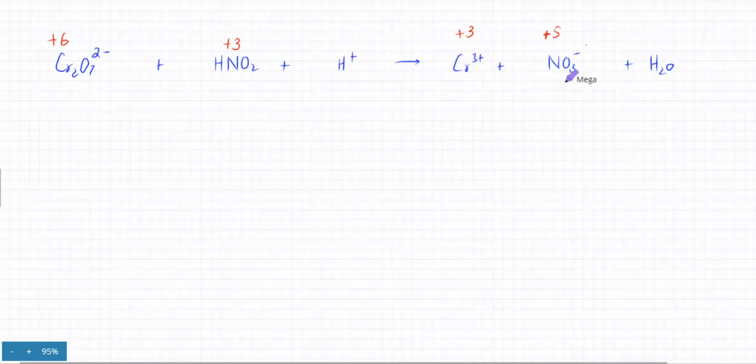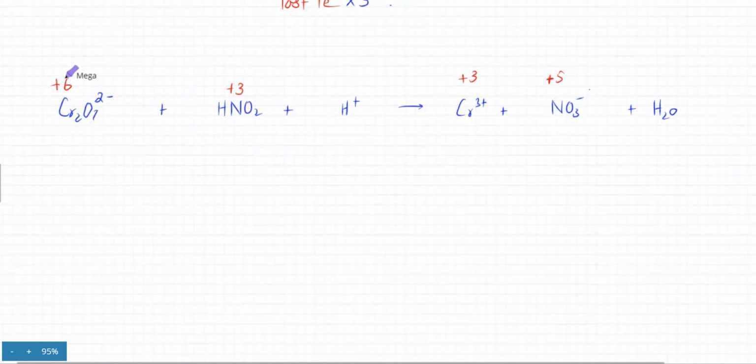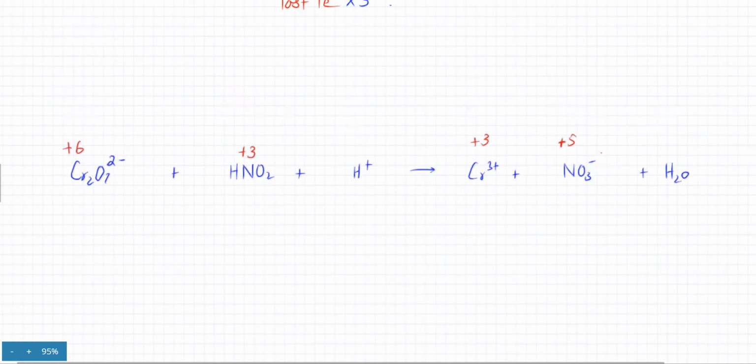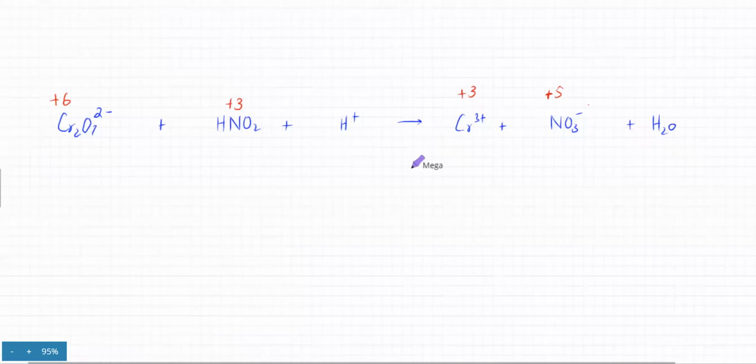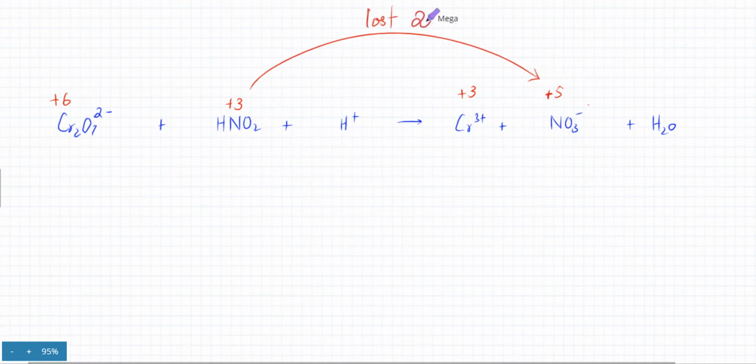So these are the ones that are getting oxidized and reduced, right? Who got oxidized? Nitrogen. So nitrogen clearly got oxidized and goes from plus 3 to plus 5. So it lost 2 electrons.